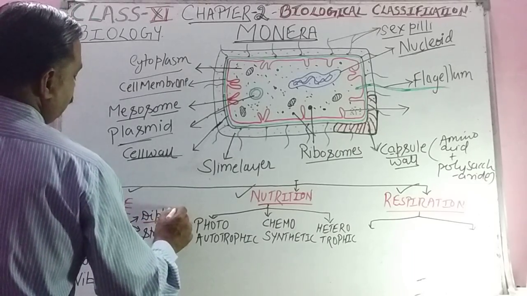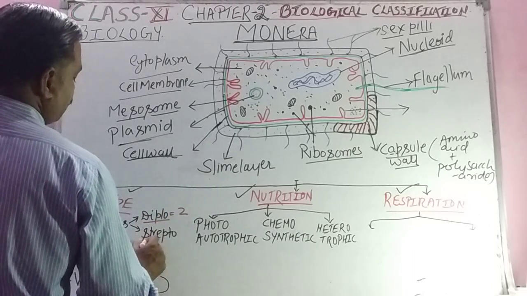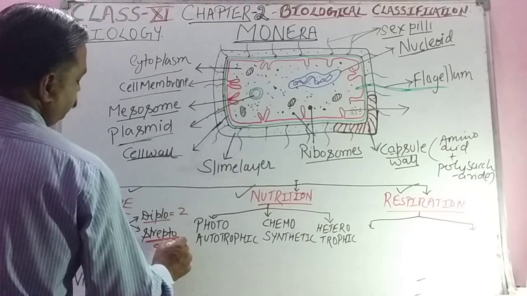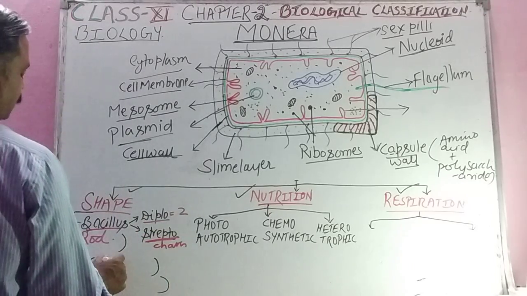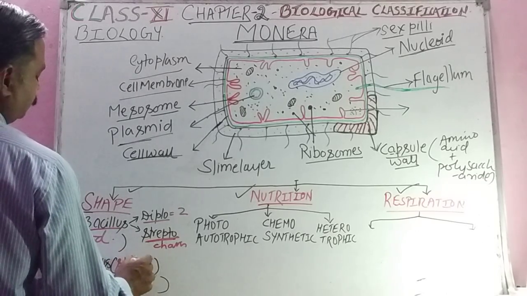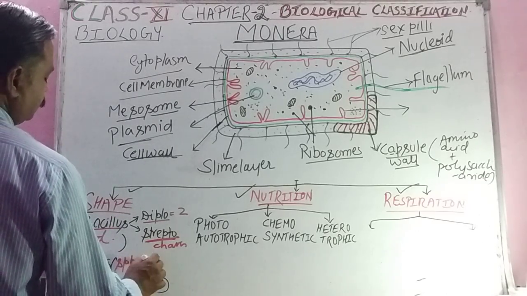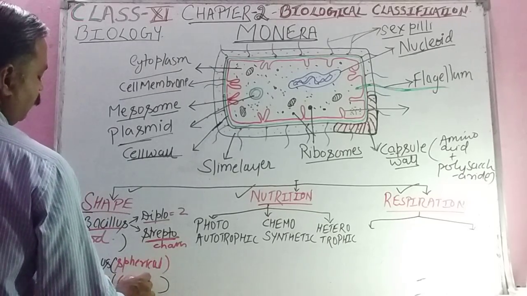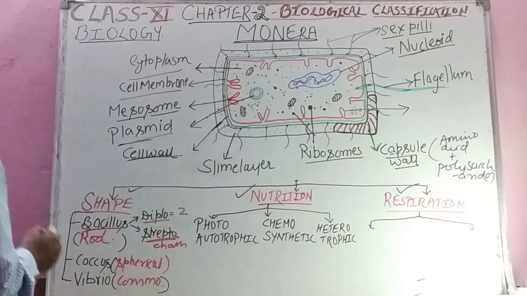Diplo is double, strepto is in chain. Then coccus. Coccus means, students, spherical, and vibrio means comma shaped. Vibrio means, students, comma shaped.